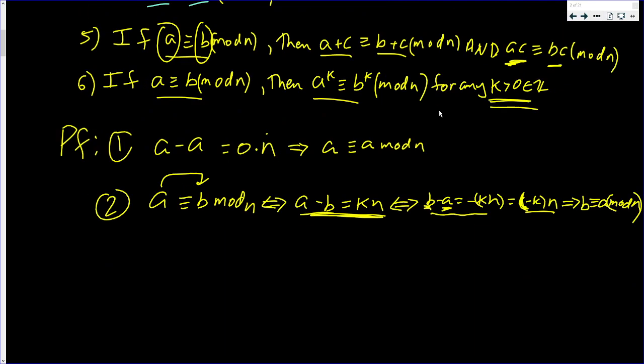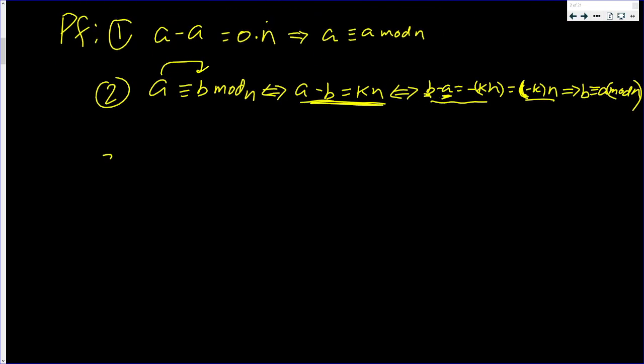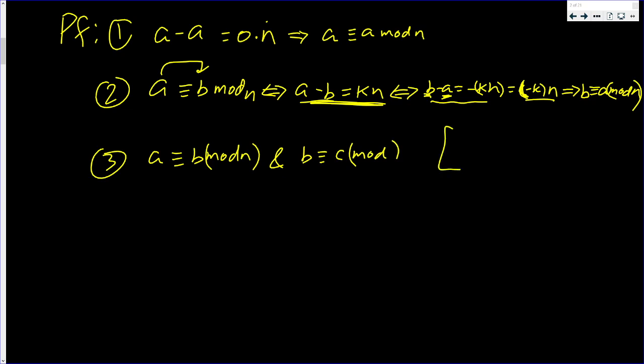The third one is the transitive law. I need to show that if I'm given that a is congruent to b mod n, and b in turn is congruent to c mod n, I need to show that a is congruent to c mod n.